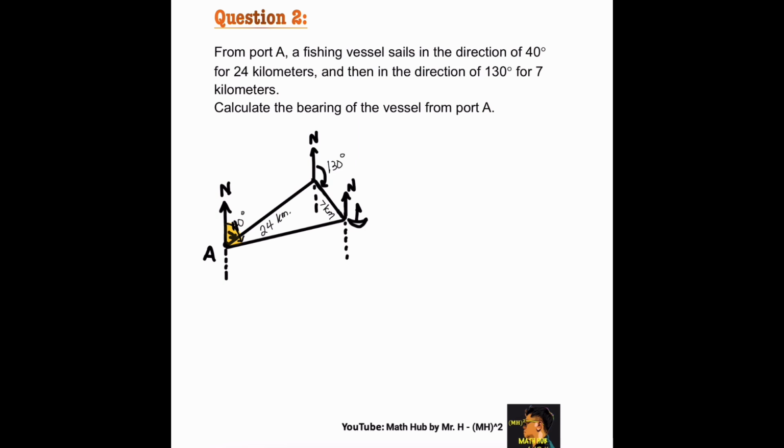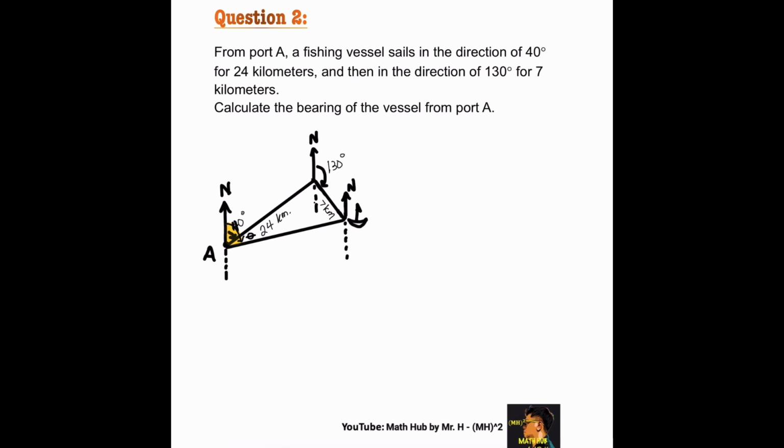But if you take a look at it, part of the answer is already given, which is 40 degrees, right? So what we need to find out is this smaller angle right here to complete the answer. So I labeled it theta here.